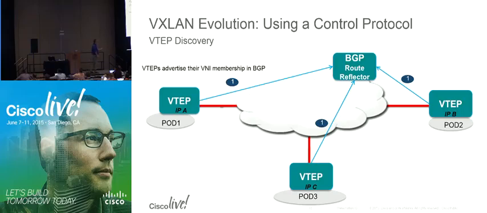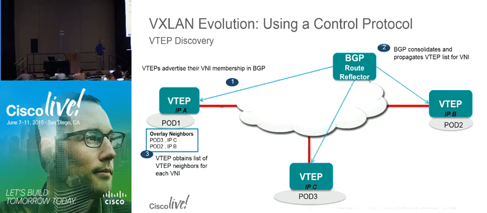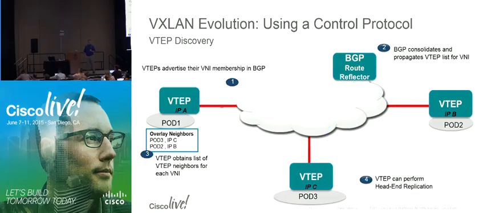So he's sending that to the route reflector, and as the term route reflector says, he sends it to all the other guys which are peering with him. And with this, I actually can build a topology information and know exactly which of the other VTAPs can do that other ominous head-end or ingress replication, which we're going to look at it right in a second.